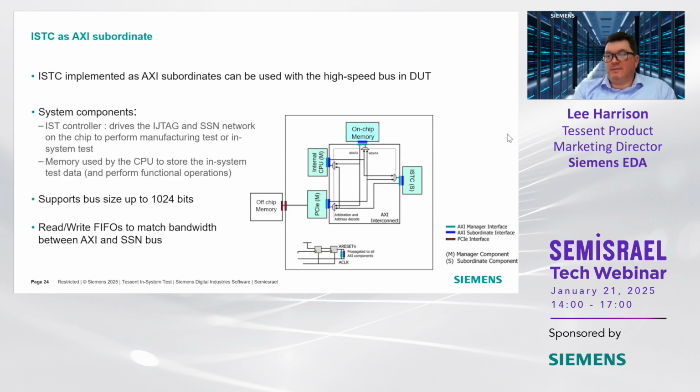You can have your on-chip memory for paging the data, and then you can have your off-chip memory that's accessed through, in this example, a PCIe bus to be able to pull that data on chip. So, typical functional bus infrastructure used to be able to manage all of that test pattern content.